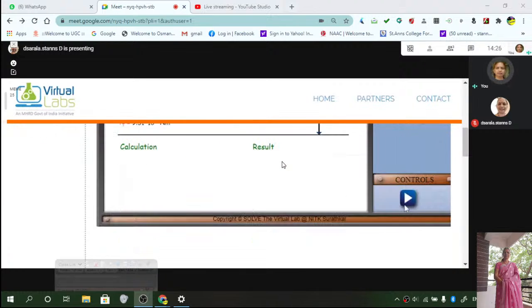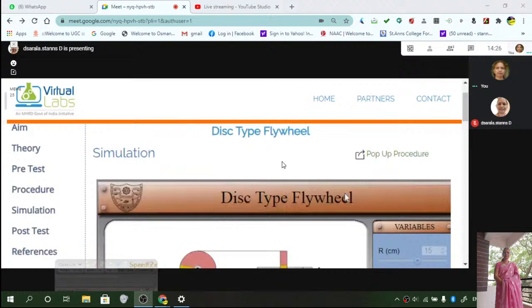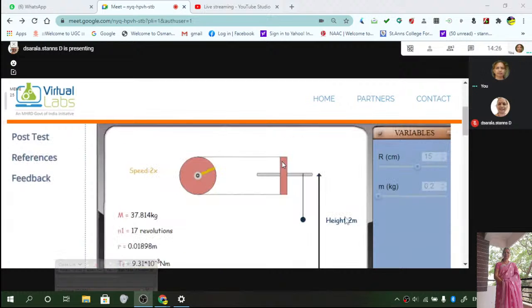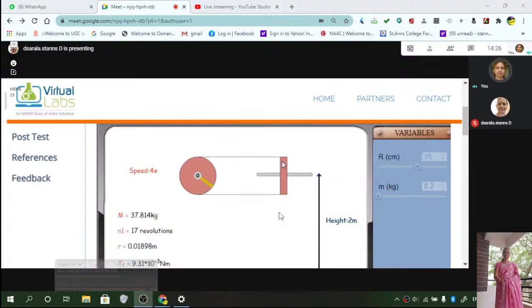So first, release the control here. You can see the ball is slowly going down. It touches the ground. The moment it touches the ground, which is at a height of 2 meters, the flywheel slowly moves back, unwinds itself.